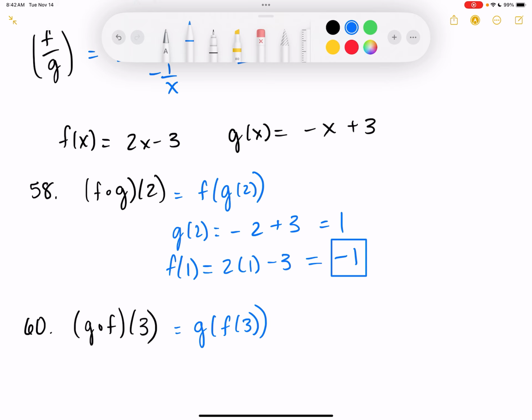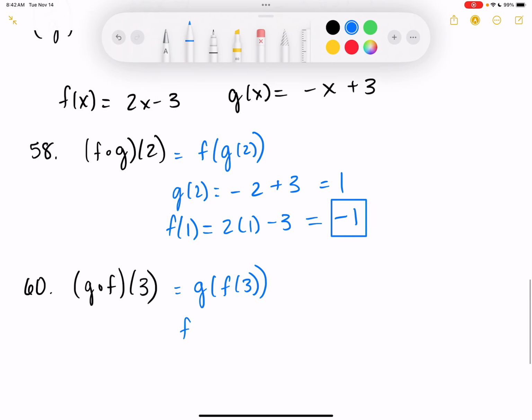So f of 3 is 2 times 3 minus 3, which is 6 minus 3 is 3. And then I do g of 3, and that is negative 3 plus 3, which is 0. And that would be my final answer.